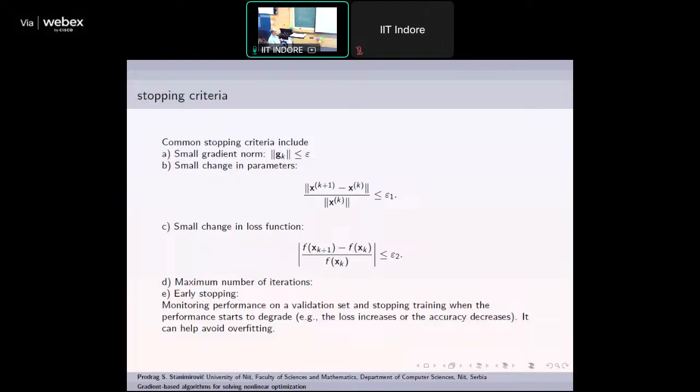Another important stopping criterion is early stopping. When do we use this stopping criterion? You obtained, for example, accuracy of 10 power minus 5, which is not so good precision.